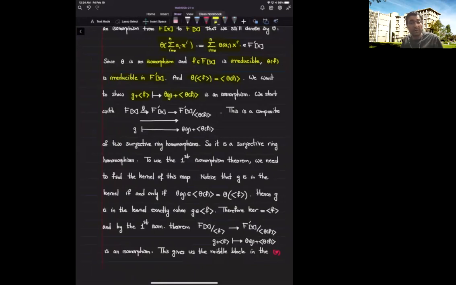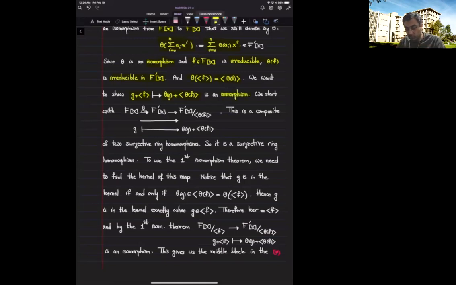And it should not be surprising. After all, theta is a translator for us. So I give you G, theta translates it, and then I look at it in F prime, then I should get the same coset. That's the thing that we claim is an isomorphism.